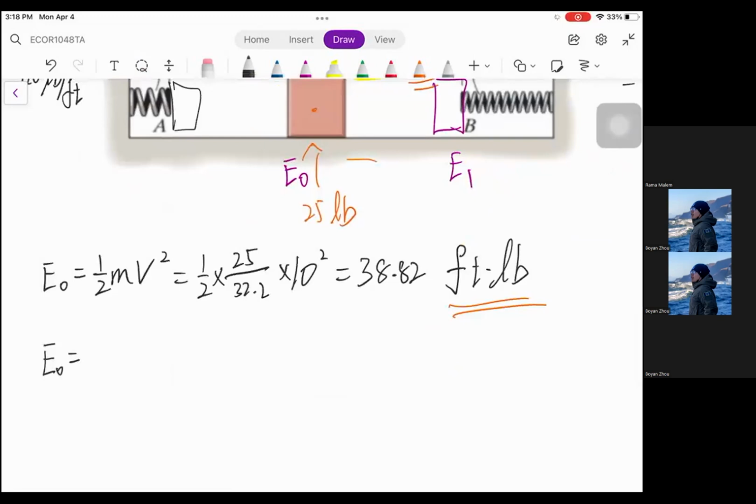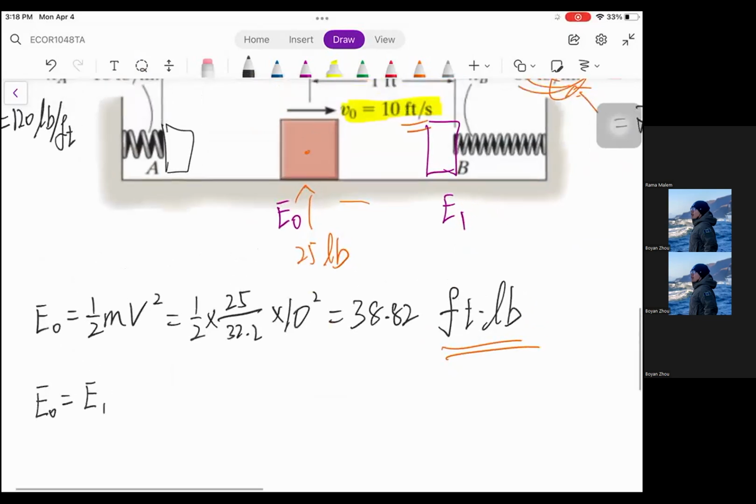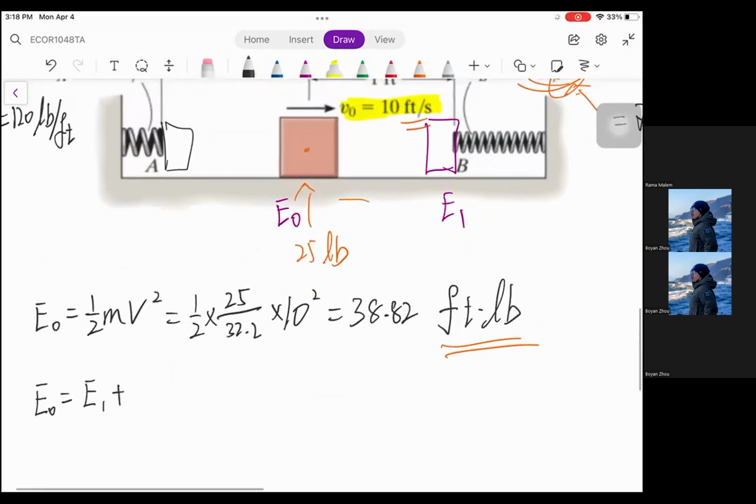The energy of the block at the initial point is equal to the energy of the block at the final point plus the energy consumed by the friction.